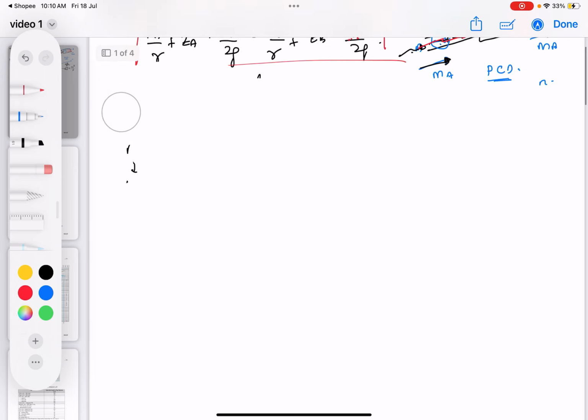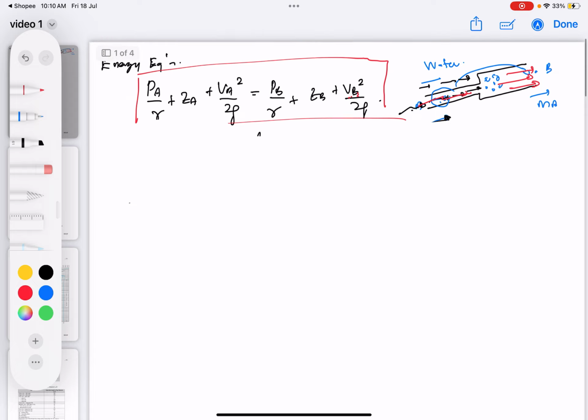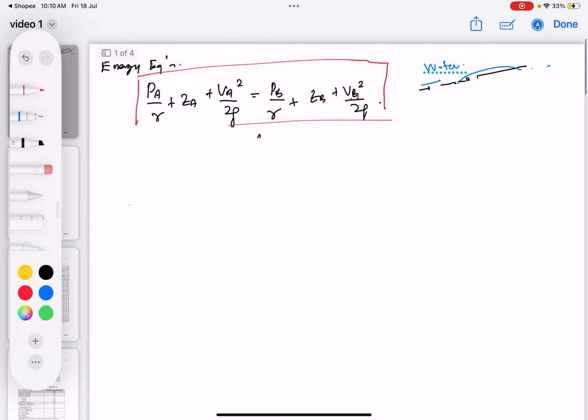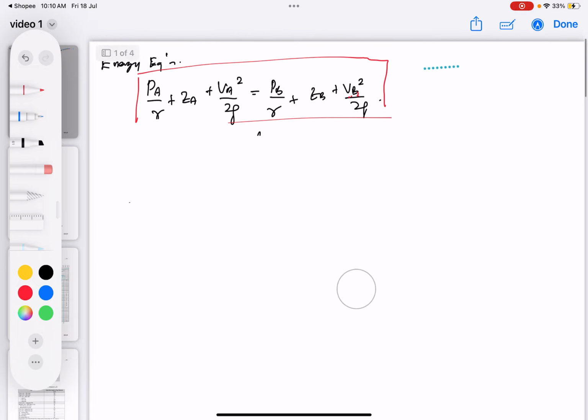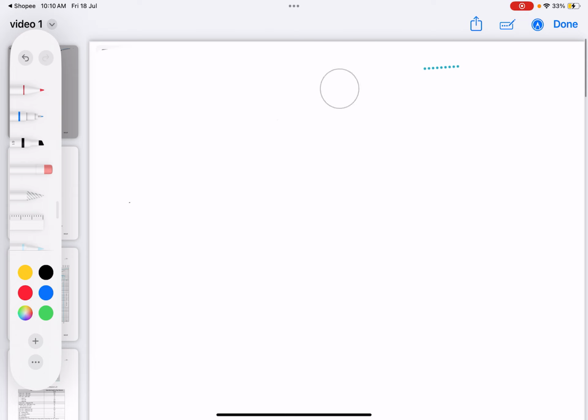In chapter number 5, basically what we learned is we derived this Bernoulli's equation.